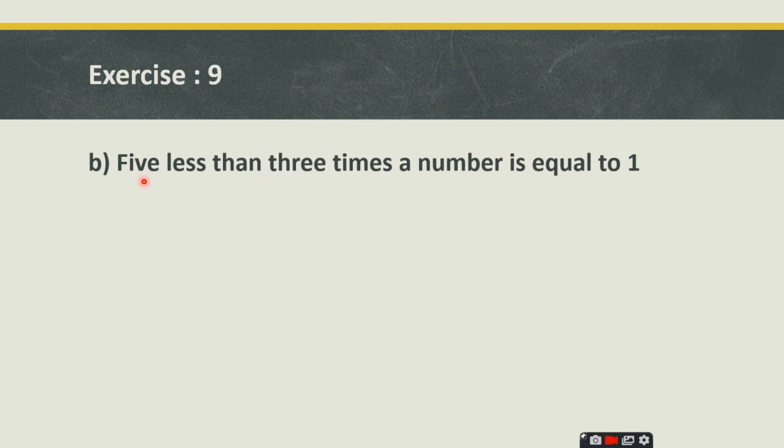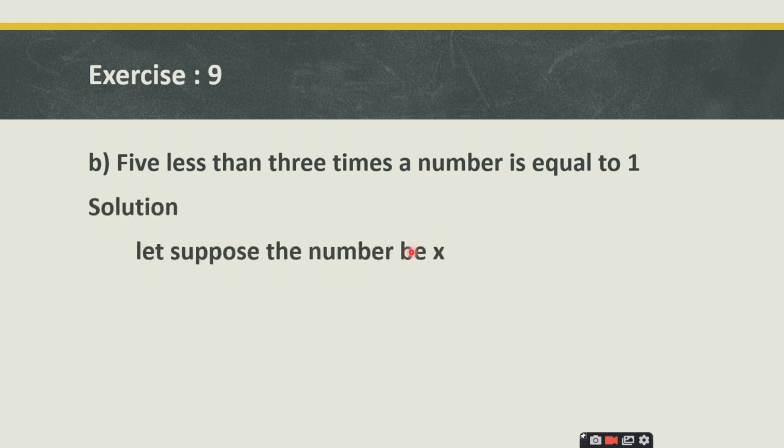Second statement is 5 less than 3 times a number is equal to 1. So let's suppose the number be x. We have to find the number. 3 times a number means 3x, 3 multiplied by x.